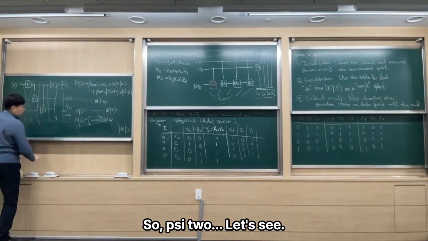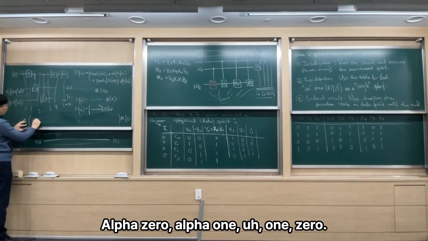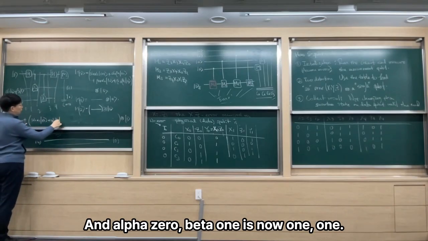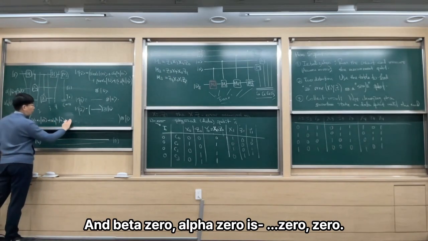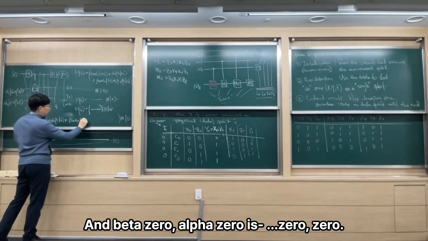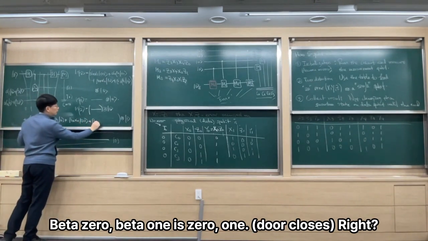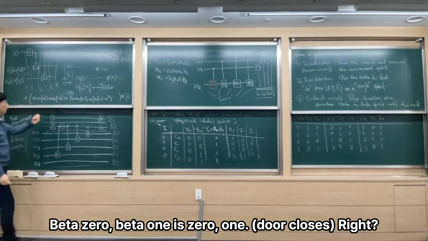So psi 2, let's see, alpha 0, alpha 1, 1, 0, and alpha 0, beta 1 is now 1, 1. And beta 0, alpha 0 is 0, 0. Beta 0, beta 1 is 0, 1, right?